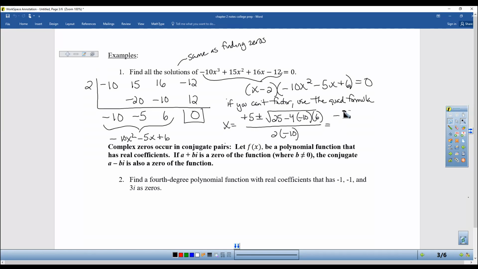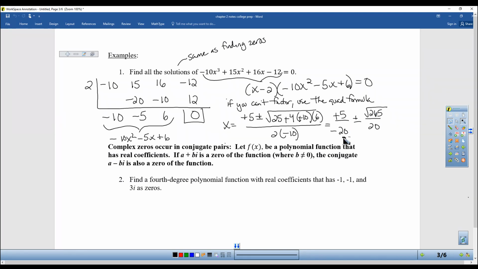Remember that it is usually safer to put this underneath both of them separately. Oop, this is a plus 5. Plus or minus, so what do we have here? 240, but it's going to become positive. Plus 25 is 265 over 20.